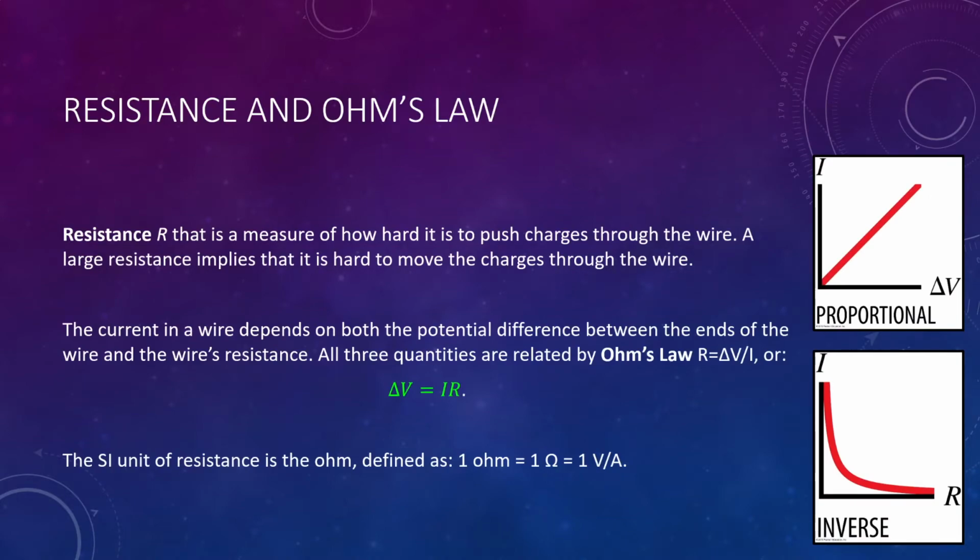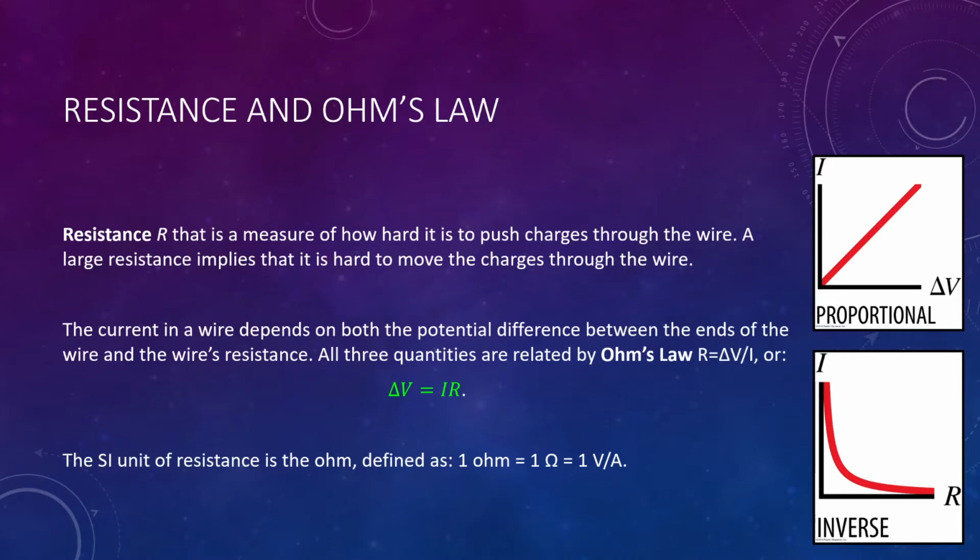Overall, there's an equation that relates all three of these quantities: potential difference, current, and resistance. That is known as Ohm's law, which is most commonly written as delta V equals I times R. In other words, potential difference is equal to your current times your resistance.